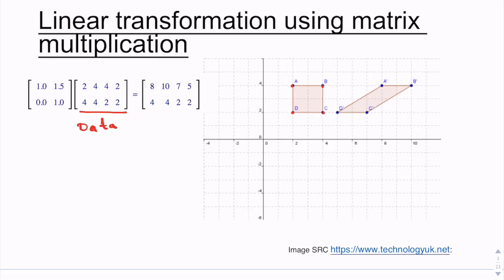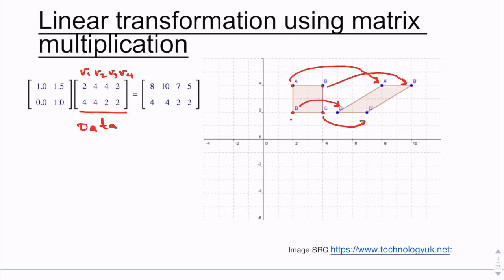I wanted to transform these vectors. Here I have 4 vectors: vector 1, vector 2, vector 3, and vector 4. I want to transform them such that A is transformed to A prime, B to B prime, C to C prime, and D to D prime.